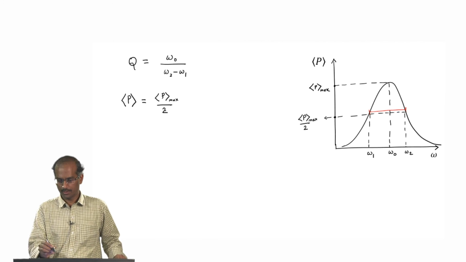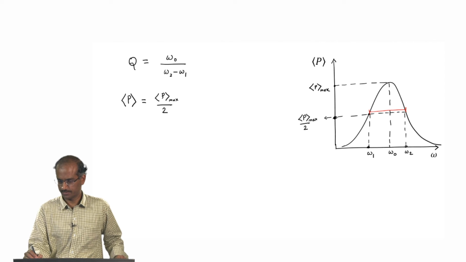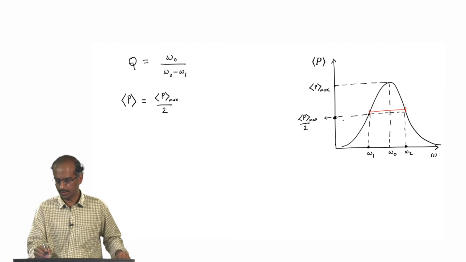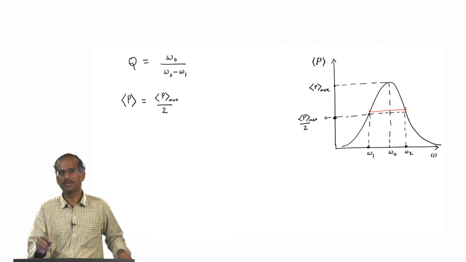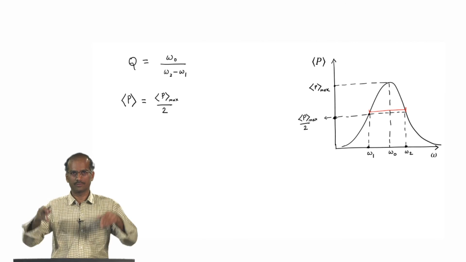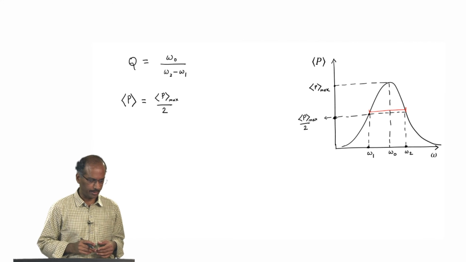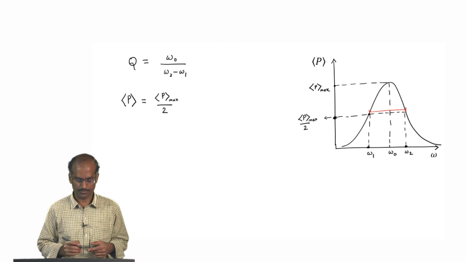So, at this value there are two possible values for frequencies. You draw a horizontal line from here, it cuts the resonance curve at 2 points. So, you draw two vertical lines, you will get this omega 1 and omega 2 corresponding to that.